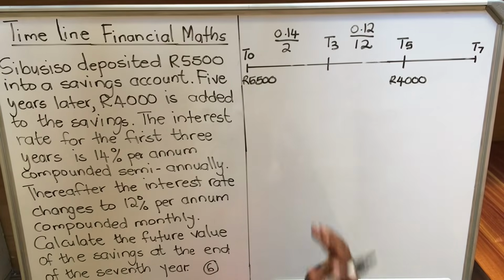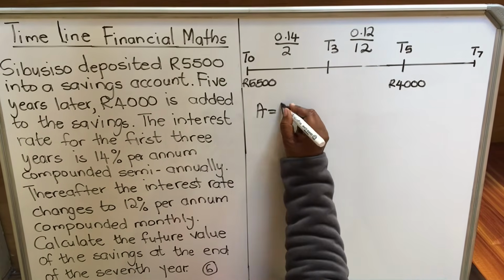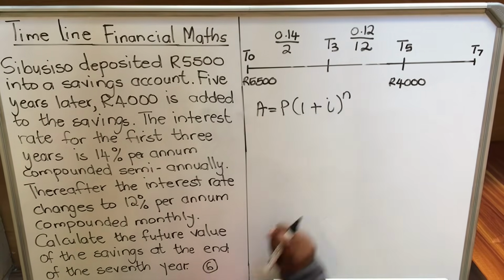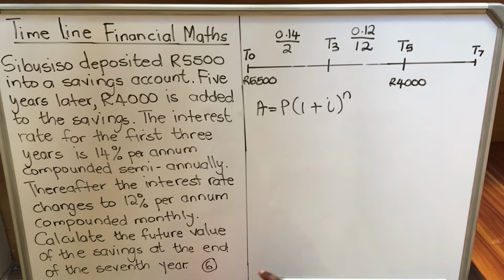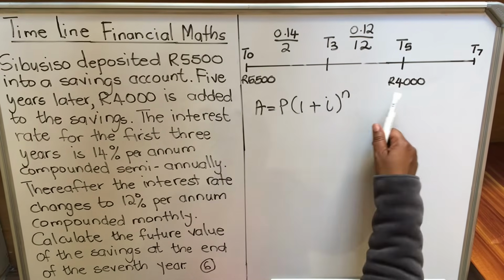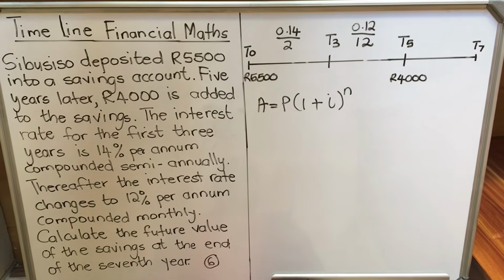This question says compounded. So the formula that we use is the compound interest formula. When you write your timeline, write the amounts at the bottom and then the changing of the interest rate on top. It makes it easier for you.